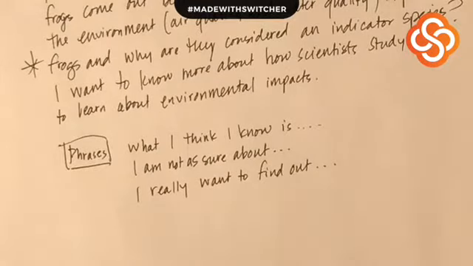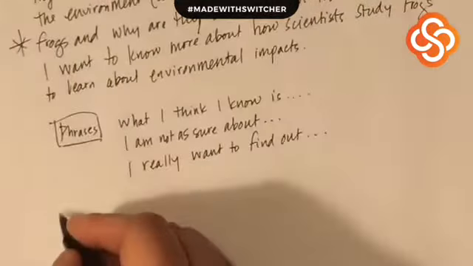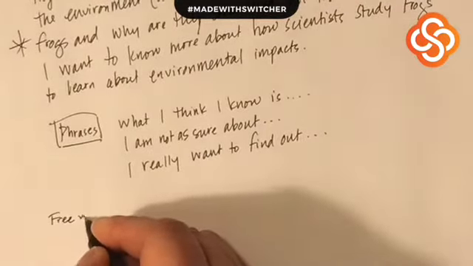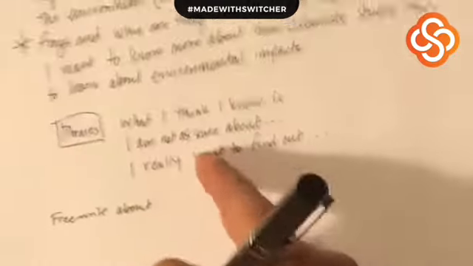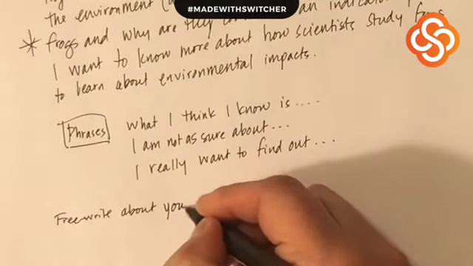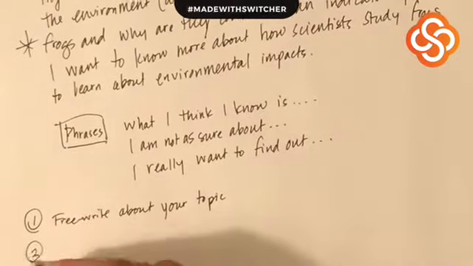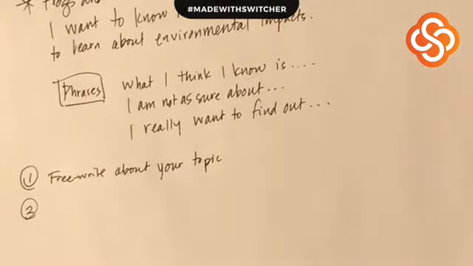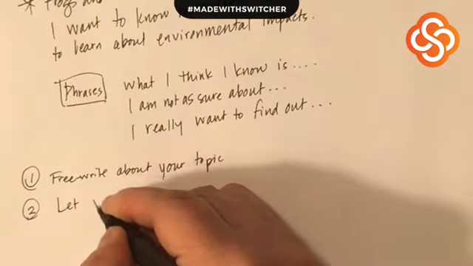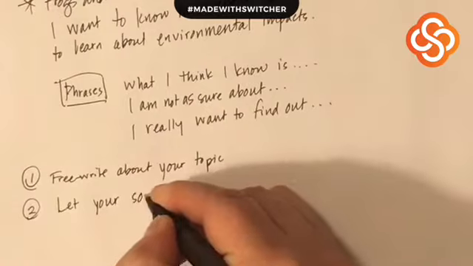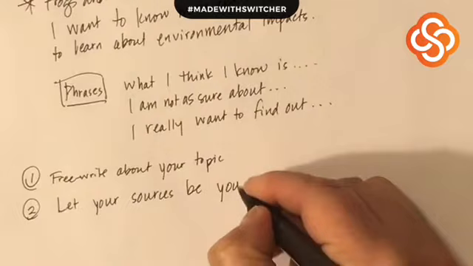Okay? So what I'd like you to do is free write about your topic using these phrases. That would be step 1. Step 2 goes into our research, and that is, let your sources be your guide.